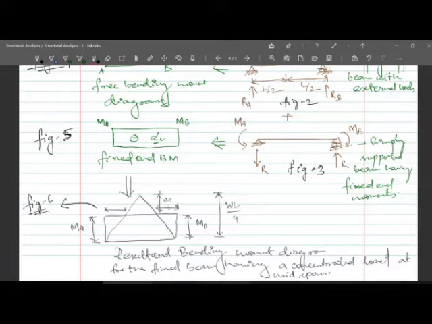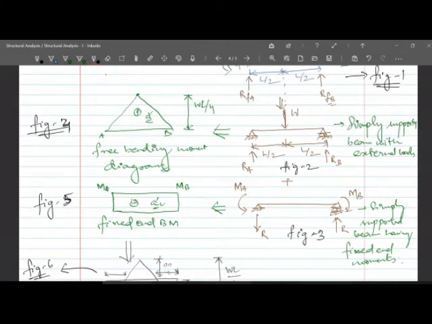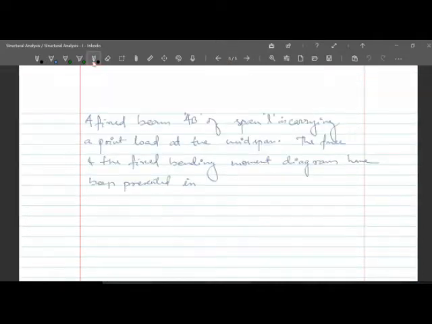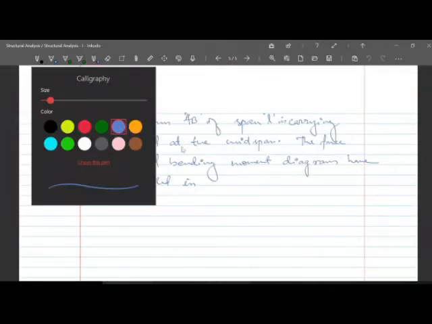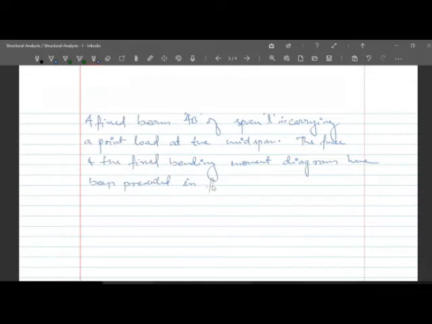So we have presented the free bending moment diagram and the fixed end bending moment diagram in figure 4 and 5 respectively.